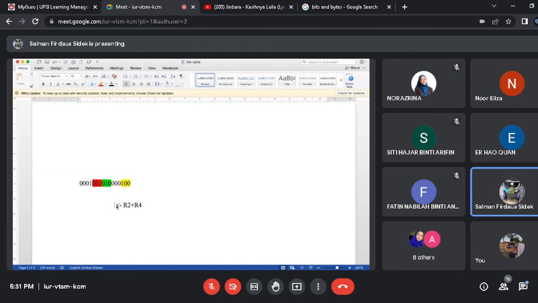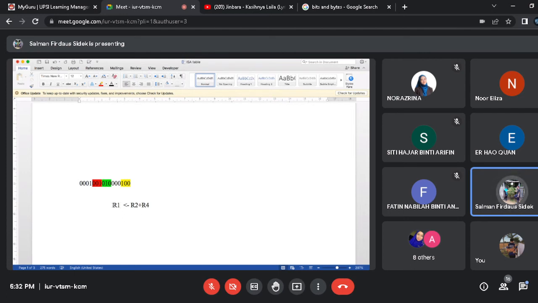So the red one is R what? 001 is R1. I already gave you 2 examples: 010 is R2, 100 is R4. So the result of the content of R2 added with the content of R4 will be kept in R1.